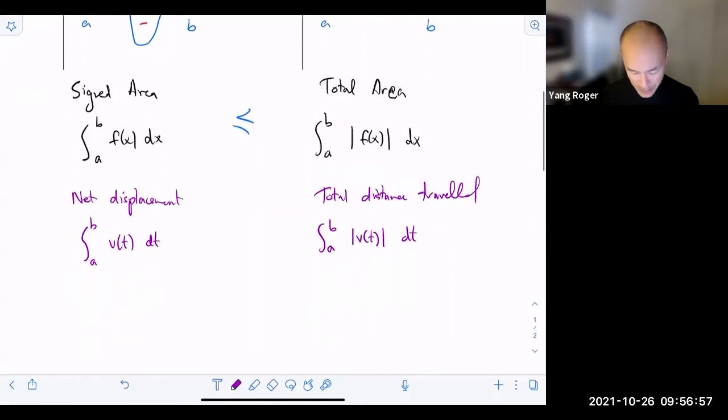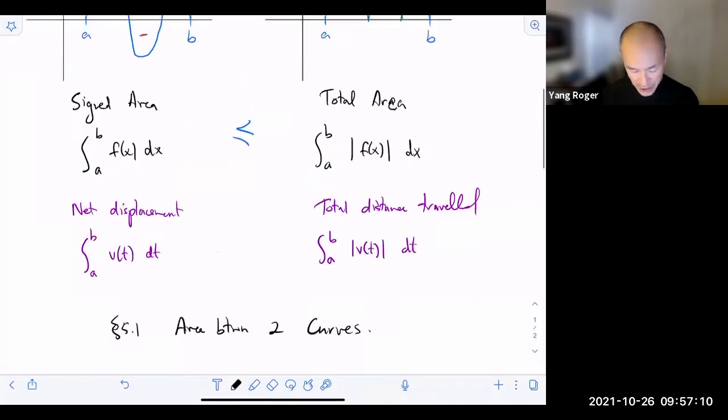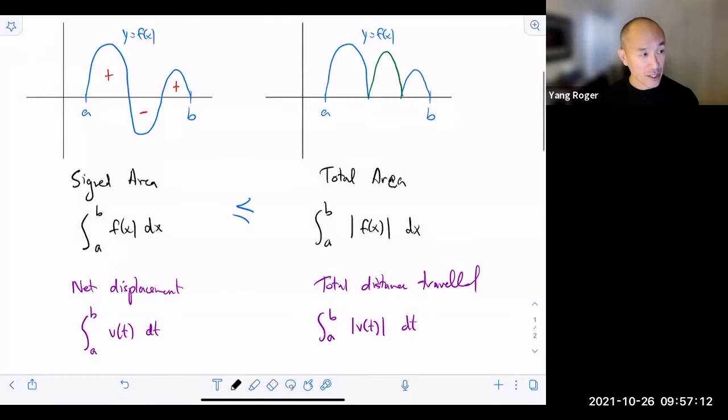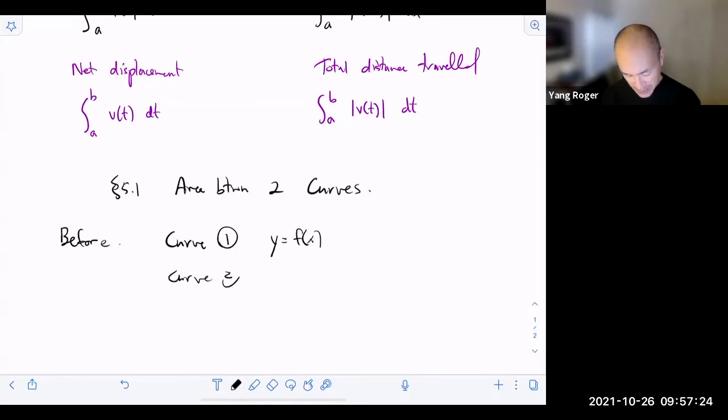What we're talking about is area between two curves. So in section 5.1, we talk about area between two curves. Really, we've actually done area between two curves over here before. Curve 1 was y equal to f of x, and curve 2 was actually just the x-axis, right?